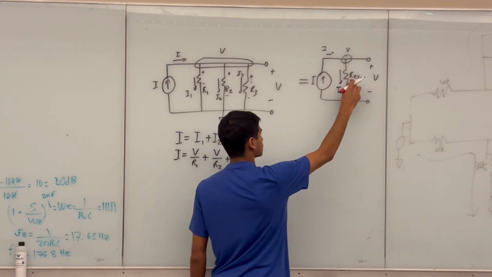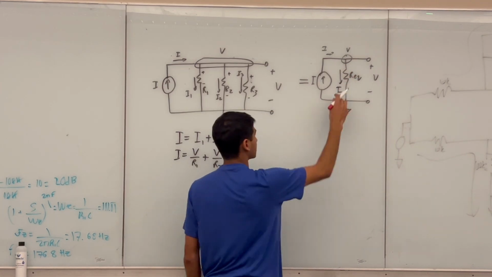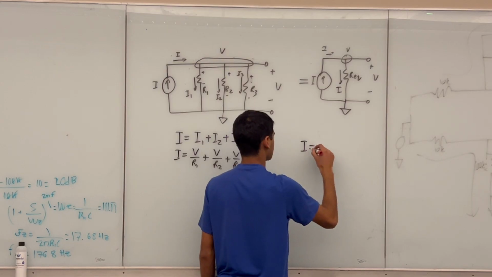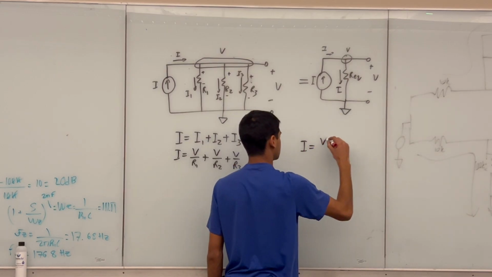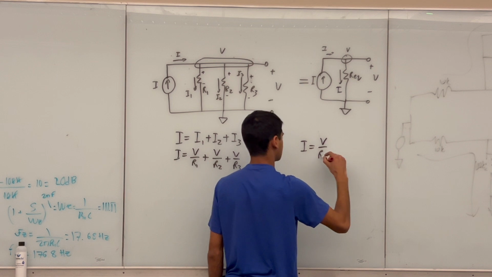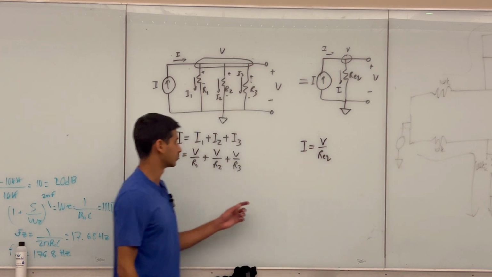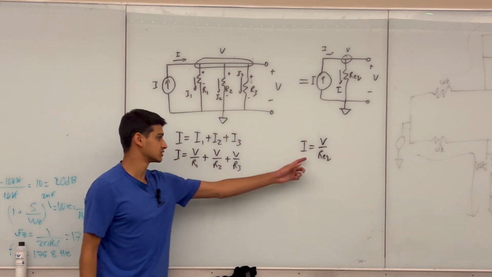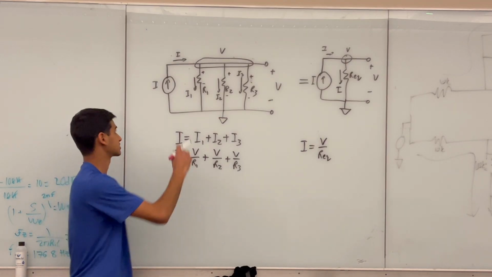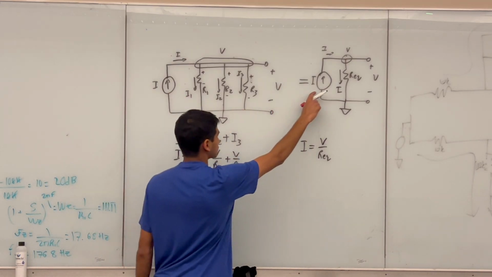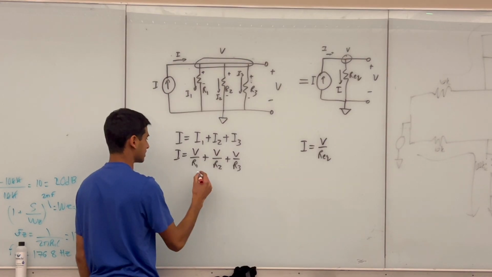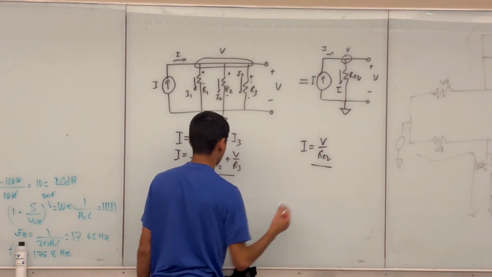So in that case, I can just write Ohm's law directly by saying I equals V divided by REQ. And so the I in these two scenarios is the exact same, because that's the independent current source that I've placed here. So I can set these two equations equal to one another.